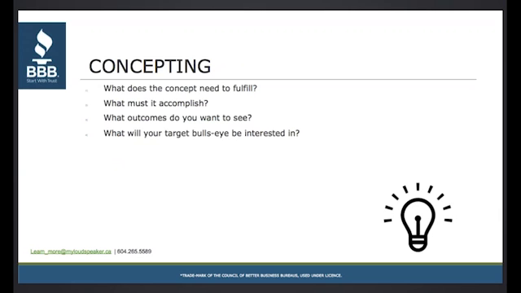So concepting. What does concept need to fulfill? In order to ensure that the campaign that you decide or the push that you decide is actually returning on investment, you have to make sure that concept is sound and solid and does, at the end of the day, achieve the return on investment that you're trying to garner. Oftentimes people get excited about an idea, but it doesn't actually fulfill the goal.